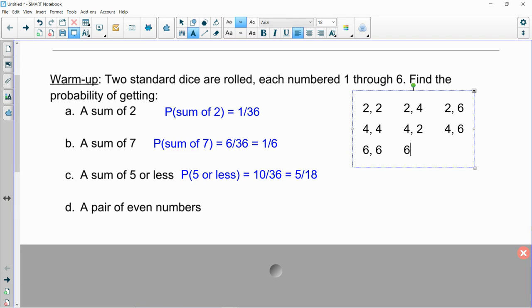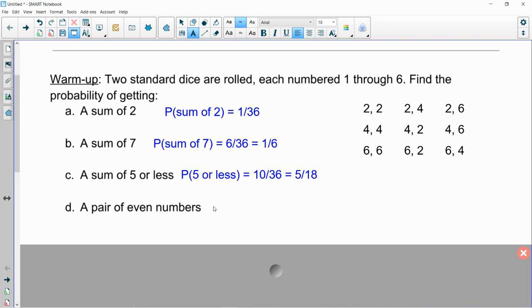And we've got a 6 and a 6. We've got a 6 and a 2, and a 6 and a 4. Because 2, 4, and 6 are our only even numbers that we see on the die, on each die, excuse me. And we had to make sure that both dice, when rolled, showed even numbers. So it looks to me like we've got 9.